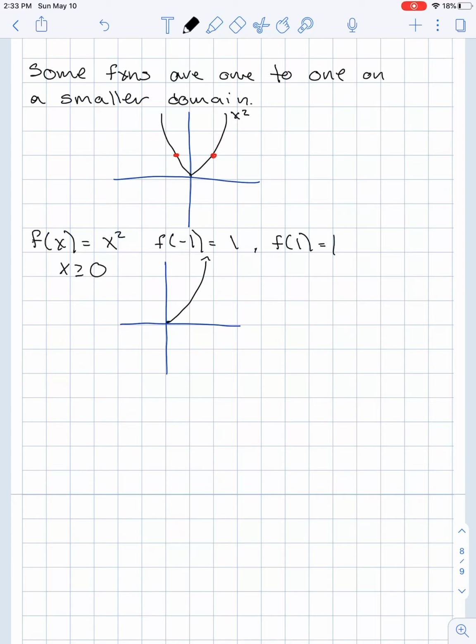So another way that we can test 1-to-1-ness, if you want to call it that, we have the vertical line test to test if it's a function. So now we have the horizontal line test.